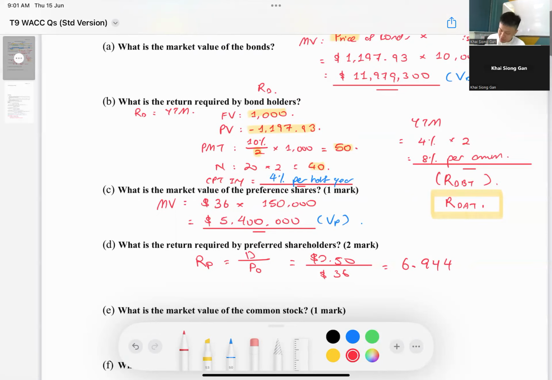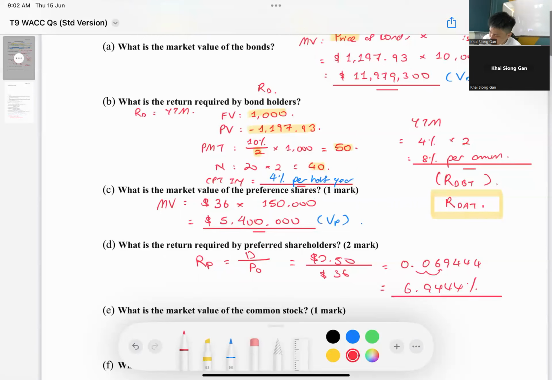Let me use the calculator first. 2.5 divided by 36. At first you will get this decimal, 0.069444, but you need to convert to percentage, which is 6.9444%.